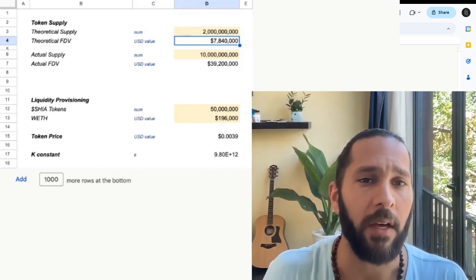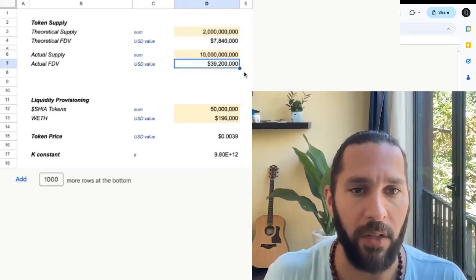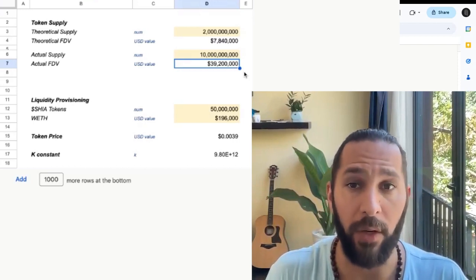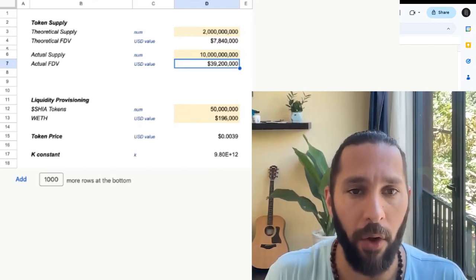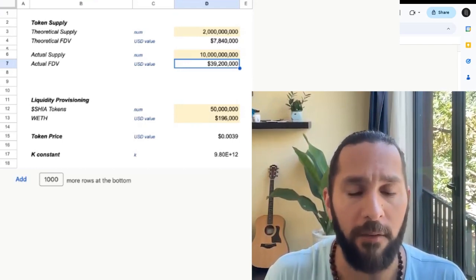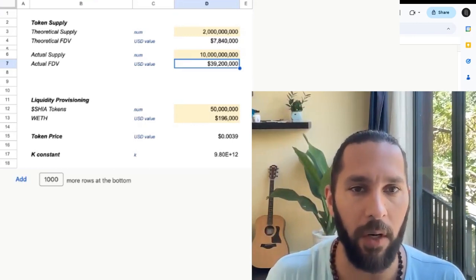In fact, it's 5 times as much because they had 5 times as many tokens. Not only do they have 5 times as many tokens, but we know from Etherscan and looking at transactions on those smart contracts and wallets that these tokens are unlocked. In fact, the team was transacting them back and forth from these smart contracts.